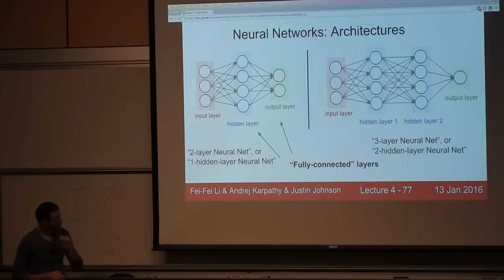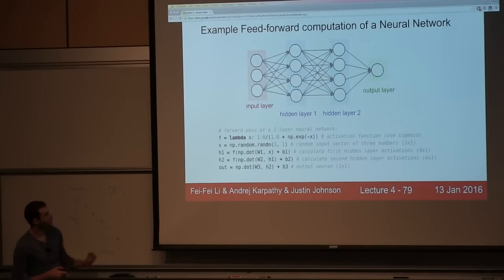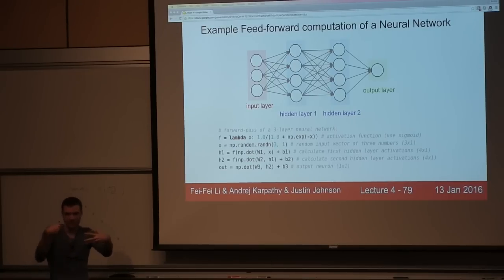Remember that I've shown you that a single neuron computes a little weighted sum and then passes that through a nonlinearity. In a neural network, the reason we arrange these into layers is because it allows us to perform the computation much more efficiently. Instead of having an amorphous blob of neurons where every one of them has to be computed independently, having them in layers allows us to use vectorized operations.